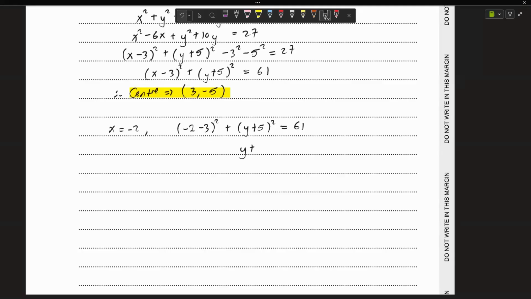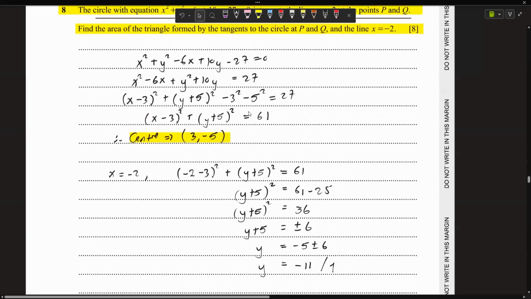So we're left with y plus 5 squared is equal to 61 minus 25, that should be 36. So y plus 5 is equal to plus or minus 6 if we square root both sides. So y is equal to minus 5 plus or minus 6. So the possible values of y are minus 5 minus 6, which is minus 11, and minus 5 plus 6, which is 1. So we now have the values of y.